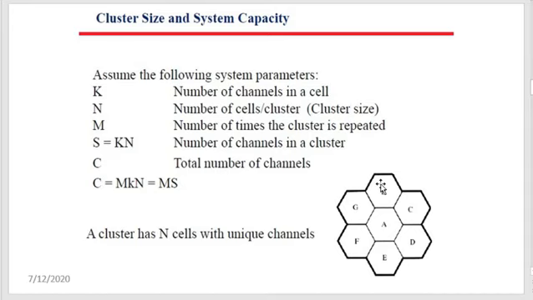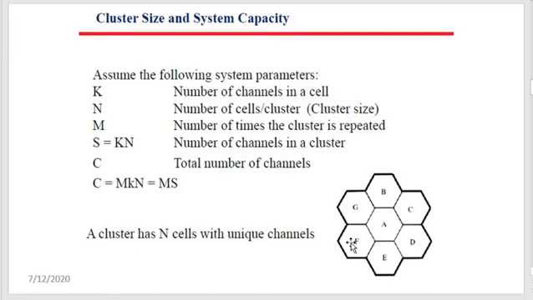Alright. So now let us see cluster size and system capacity. K is the number of channels in a cell. Here we are assuming that all cells have equal channels. In reality, the number of channels will differ based on population.